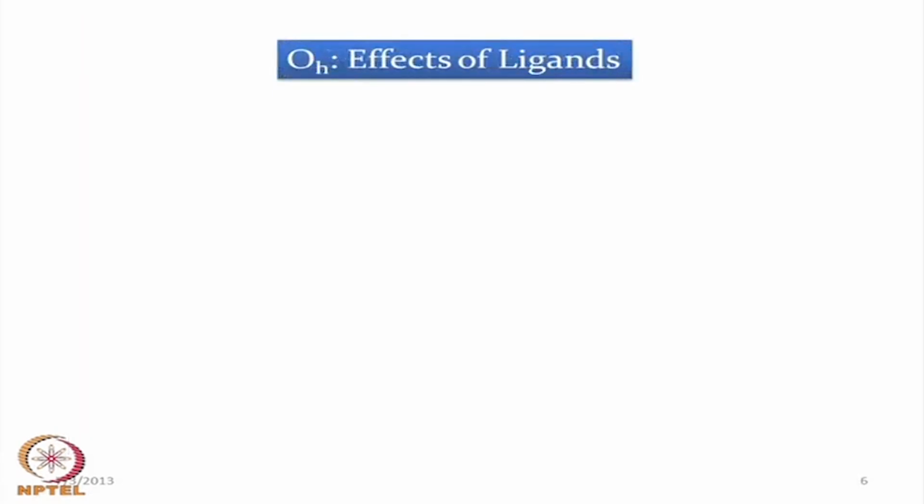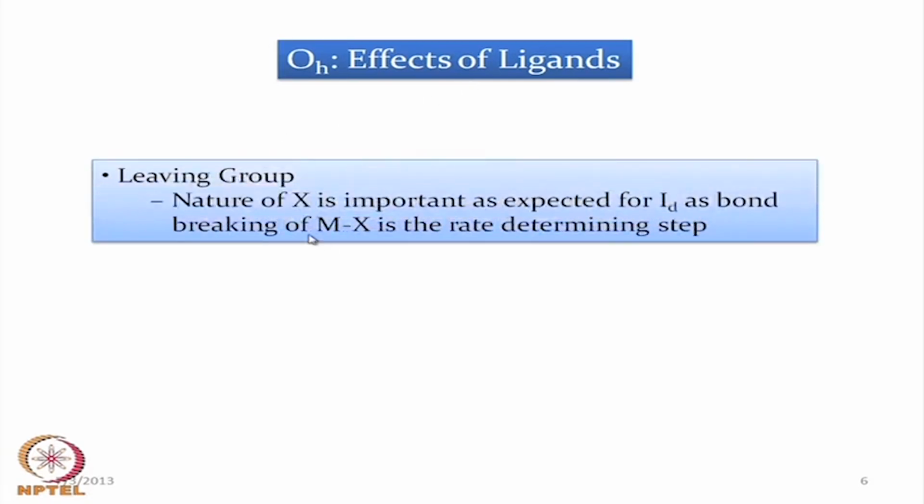Then we can see the effect of the ligands on the octahedral geometries, and how octahedral geometry supports the effect of the ligand for the substitution reactions. So, we can have again, like our square planar geometry, the leaving groups. That means the nature of the X is important, as expected from an intermediate dissociative pathway.